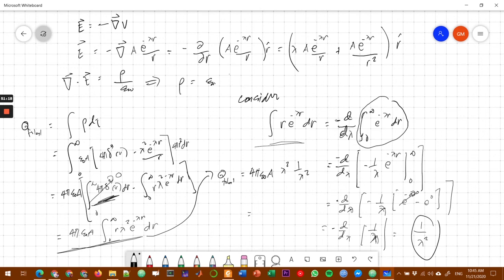So the result would be 4 pi epsilon naught a. That would be the Q total.